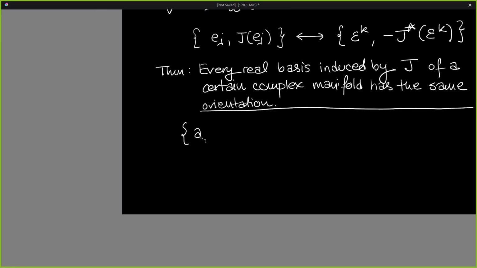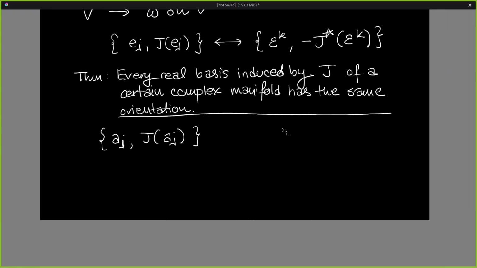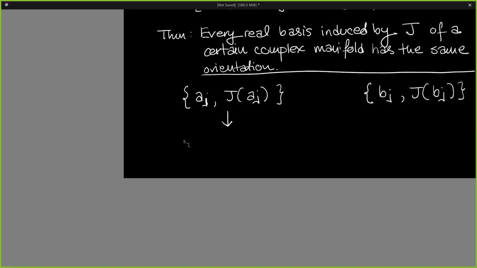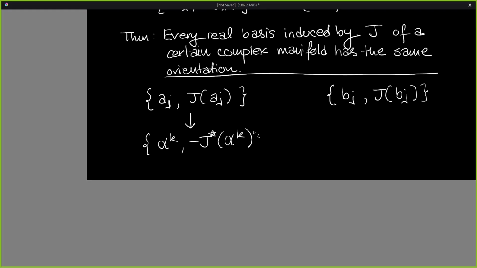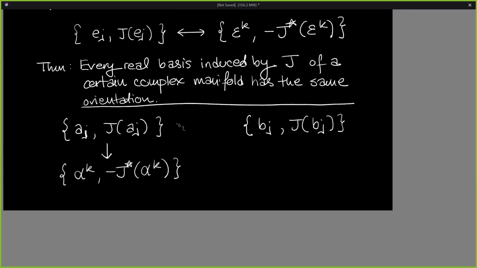We're going to call them, for symmetry, a_j and b_j. We can then form the dual bases, which I'll call alpha^k and beta^k. Our job, by the way, is to show that these have the same orientation.